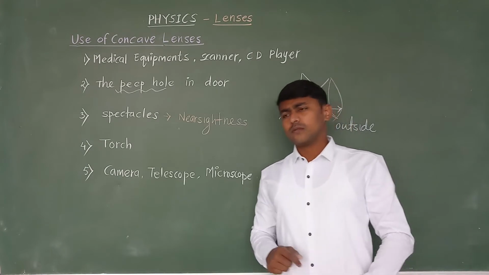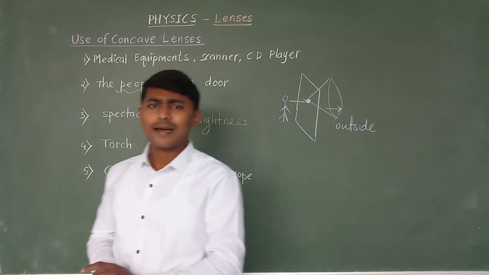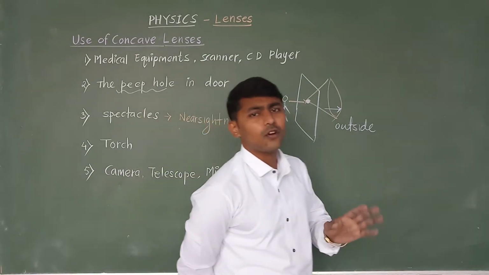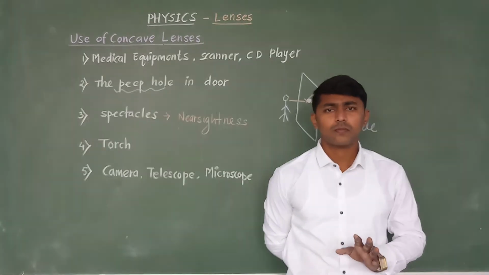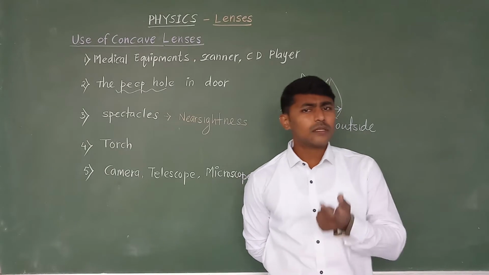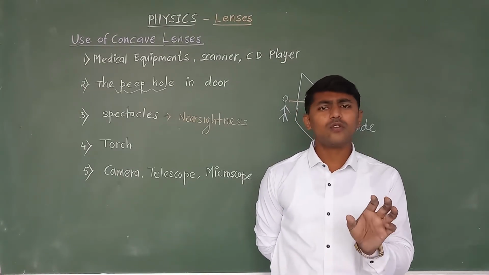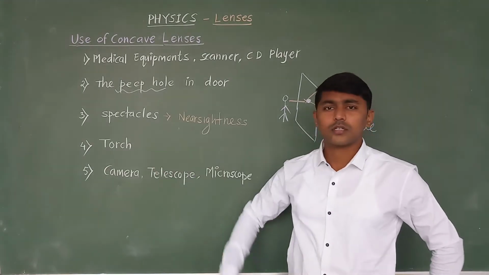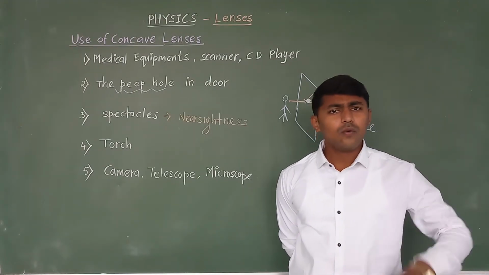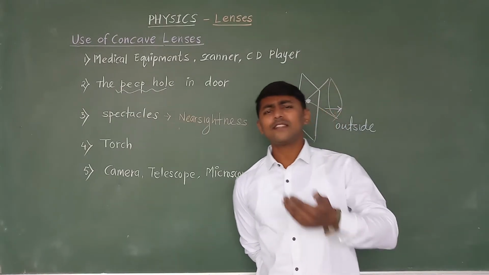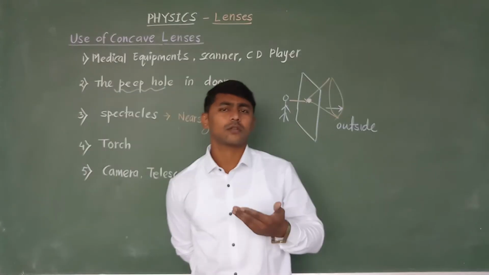Now suppose suddenly the light switches off due to a fault. Now what do we use? We use candles. Suppose there is no candle, then we use a torch. Now, a torch contains a concave lens. What is the role of the concave lens in a torch?